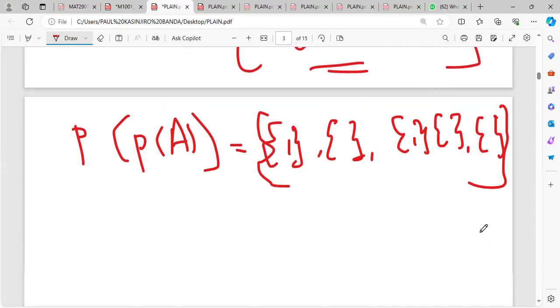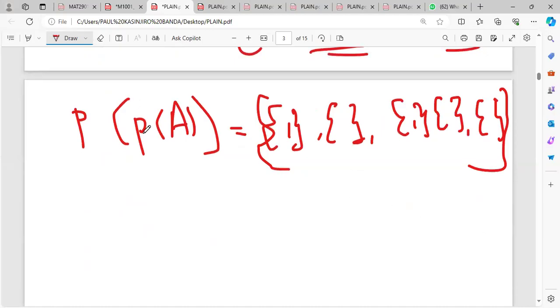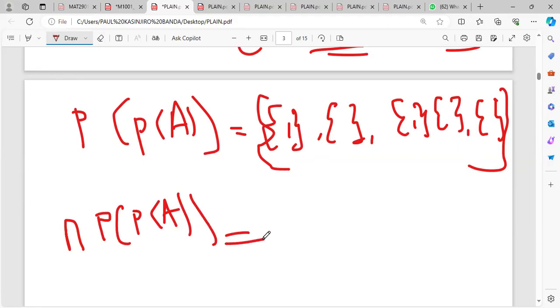So this is what we have there as our elements. Then now we have to find the cardinality of this, meaning the number of elements in this power set of the power set of A. So we're just going to say n, the number of elements in this power set of the power set of A, is what? You just simply count. So you have 1, 2, 3, 4.